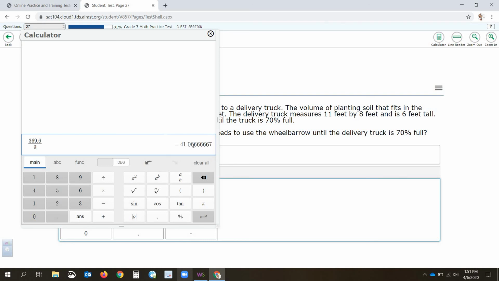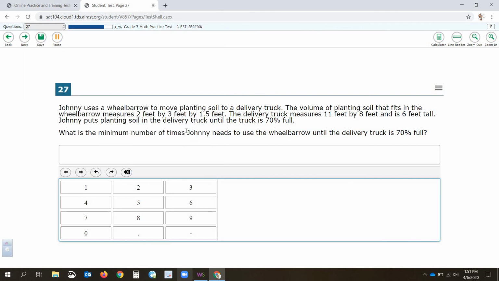So it would take 41.1 wheelbarrows. If they said round to the nearest wheelbarrow, it would be 41. But if it's the minimum number, if he does 41, he's going to be just below 70%, right? So I would say the answer to put would be 42. Although I'm not really sure if they wanted 41.